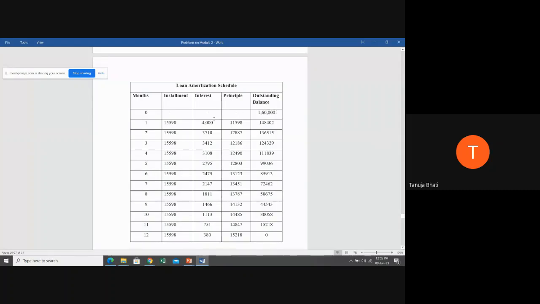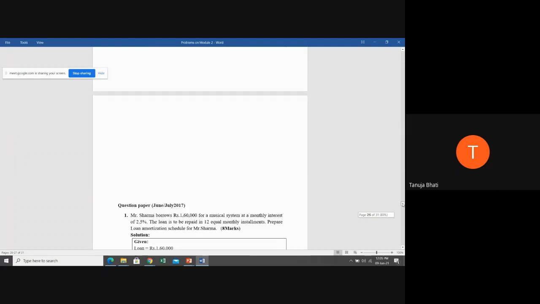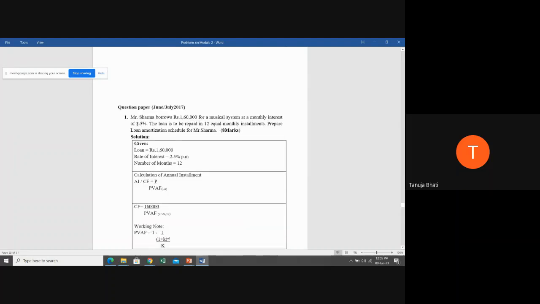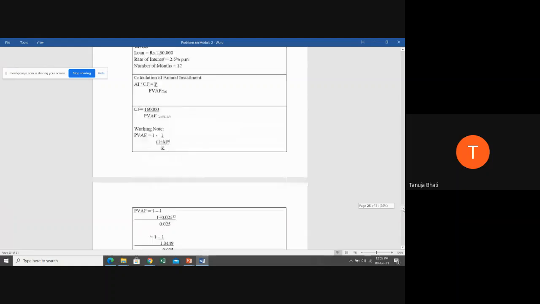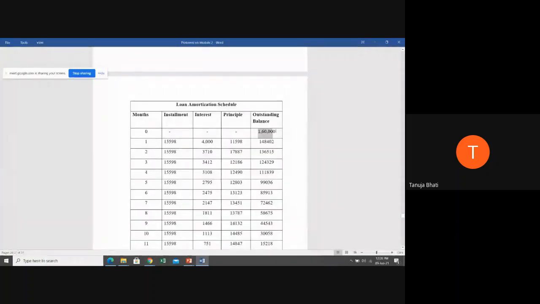The rate of interest given in the problem is 2.5% per month. So I need to check the previous month's outstanding balance and take 2.5% of it. So 1,60,000 into 2.5% will give me 4,000 rupees.